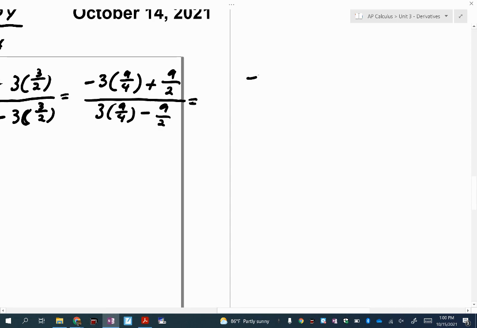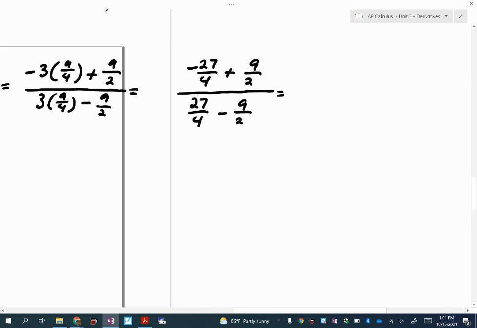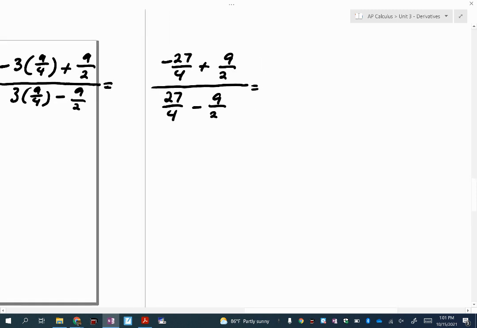If I multiply that, I get negative 27/4 plus 9/2 divided by 27/4 minus 9/2. Okay, getting a common denominator is going to give me 18/4. Negative 27 plus 18 is negative 9. So negative 9/4 divided by 27/4 minus 18/4, which is going to be 9/4.